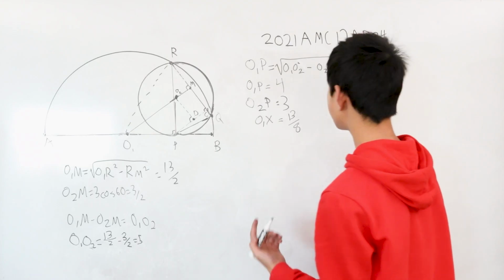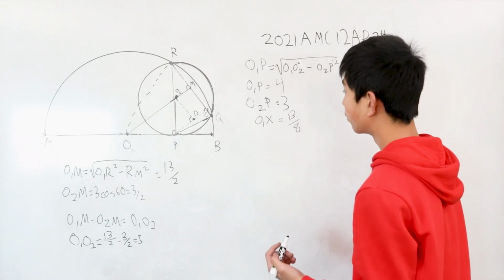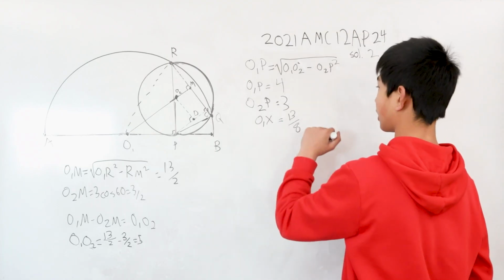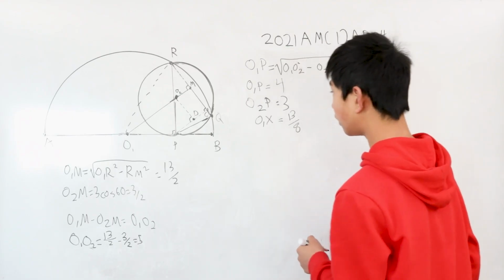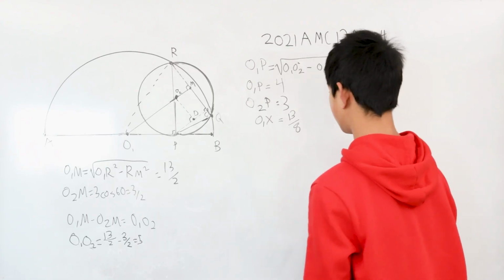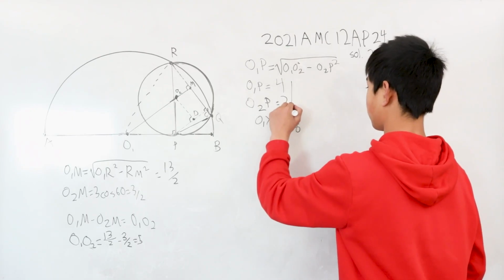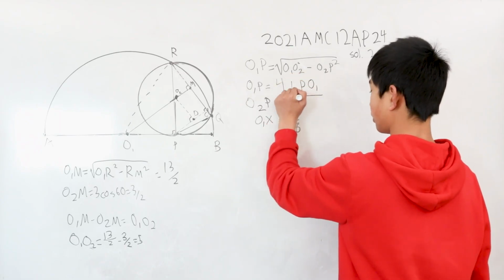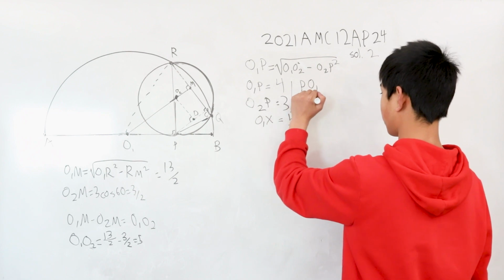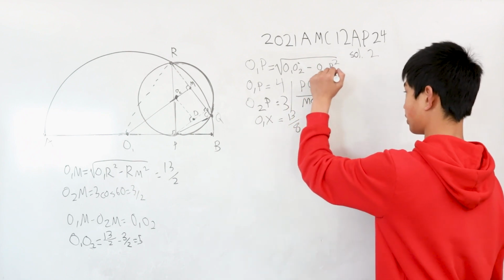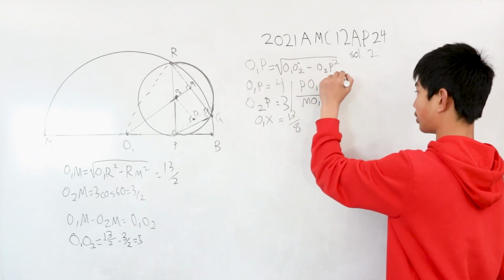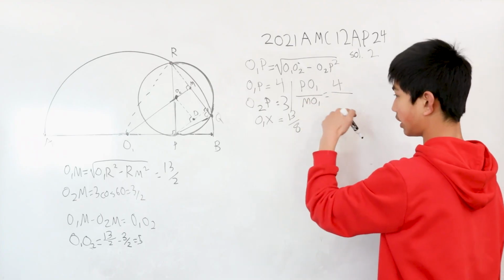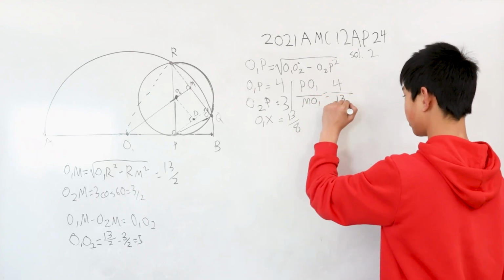Well, we can make a ratio of the length of PO1 to the length of MO1, where this is 4 we just showed, and this is 13/2 from the previous solution.